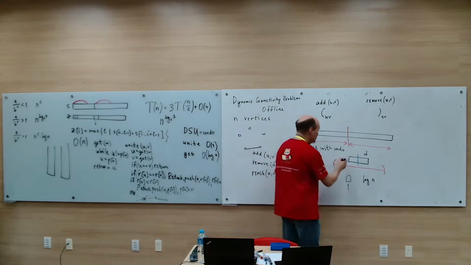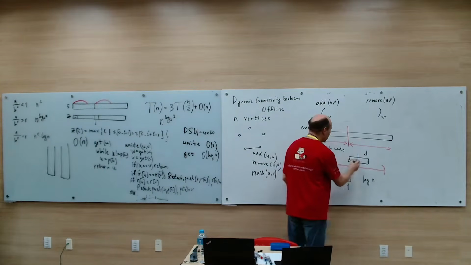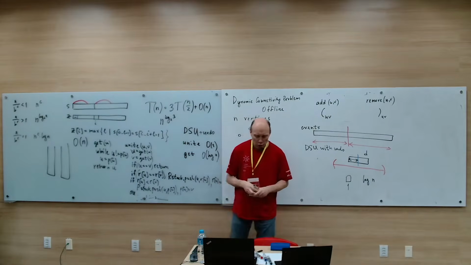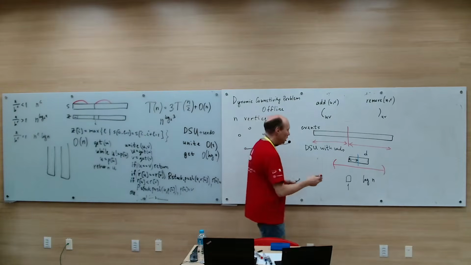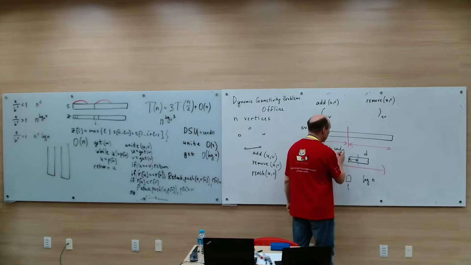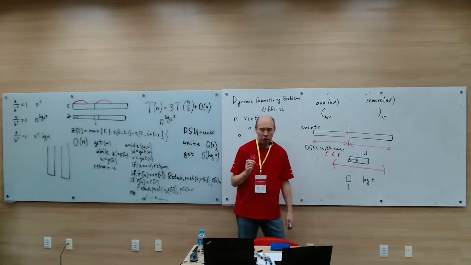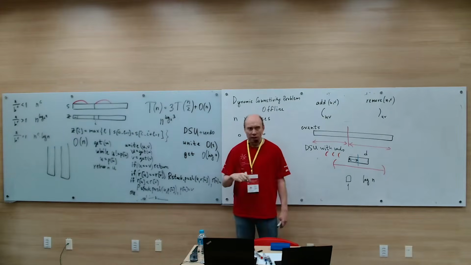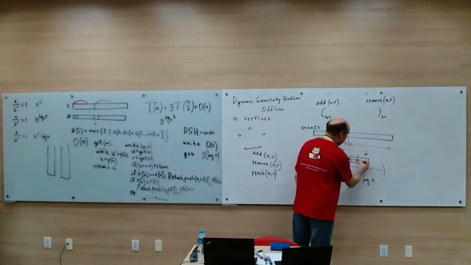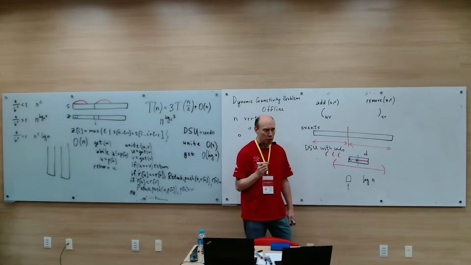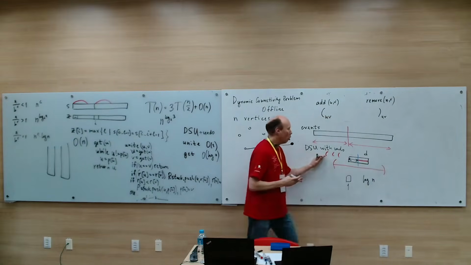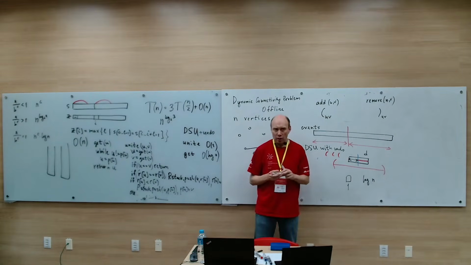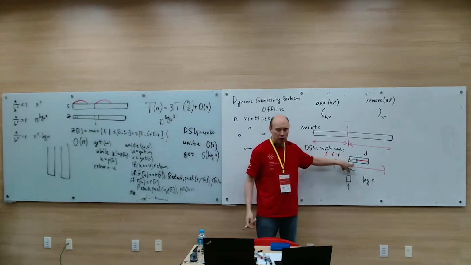So let's see. If we are going to make the recursive call for the left part, which edges should be added to that DSU? Those are exactly edges that are created somewhere before our current chunk of the array and removed exactly in the right half of our chunk, because those that are removed later are already there by the invariant, and those that are removed here should not be there again by the invariant.